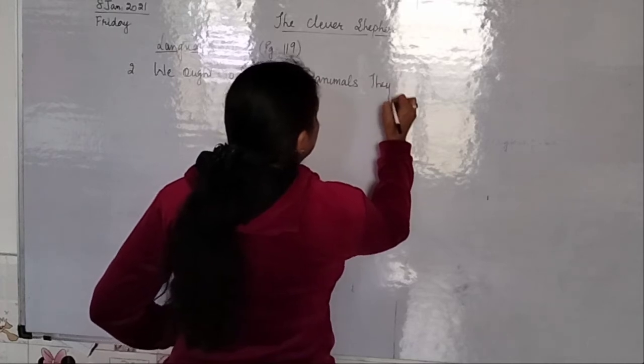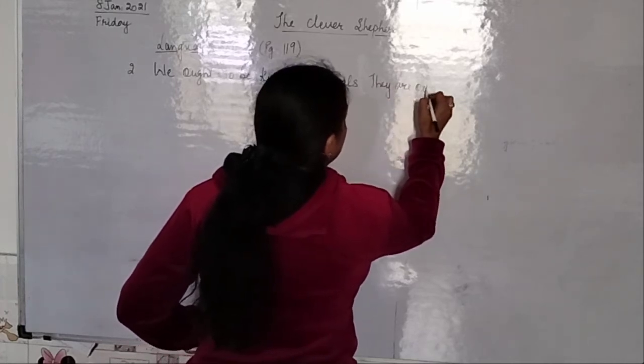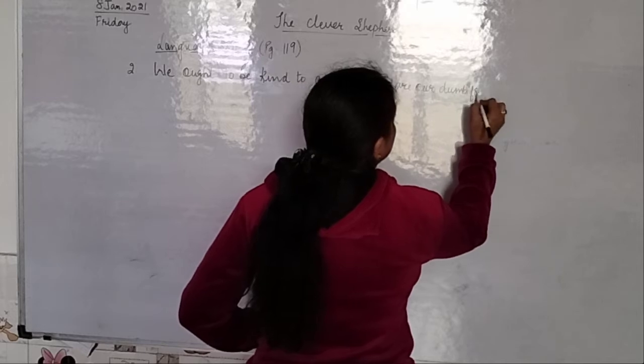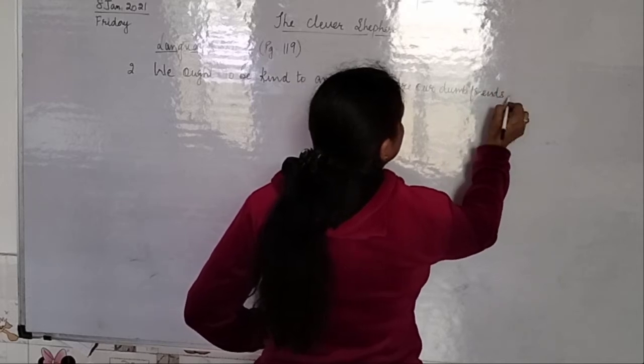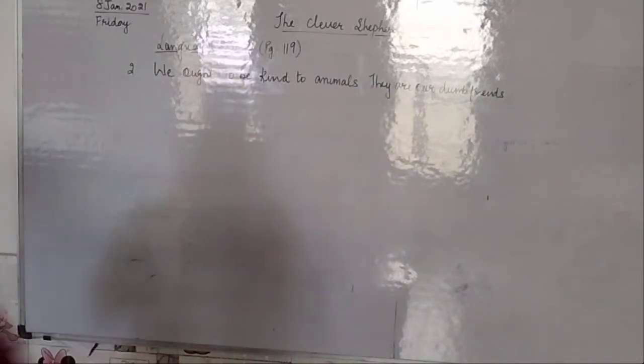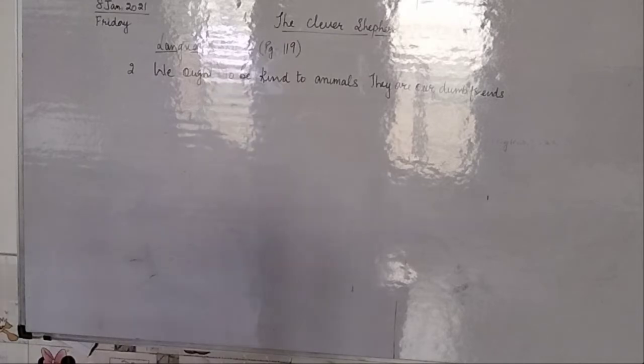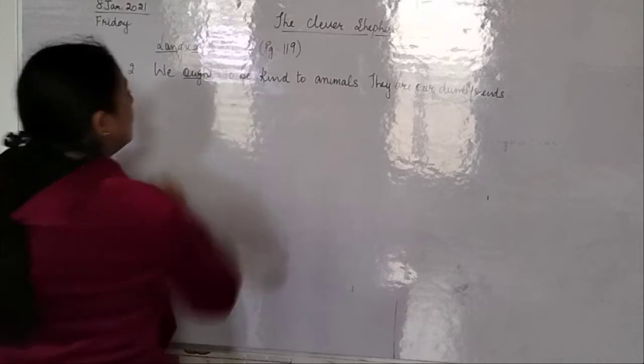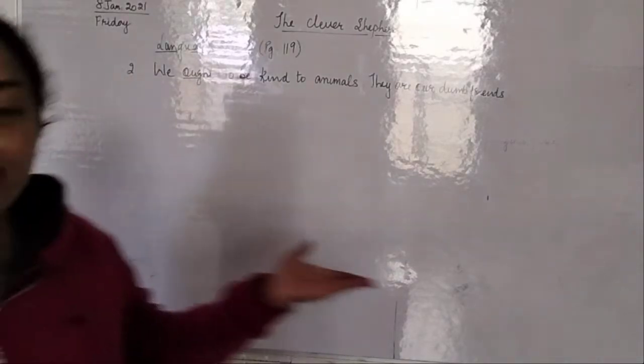They are our dumb friends. Clear? So we have to write it in such a way that the meaning should be same, and we are using ought to or ought not to. हमें या तो ought not to use करना है या ought to use करना है.